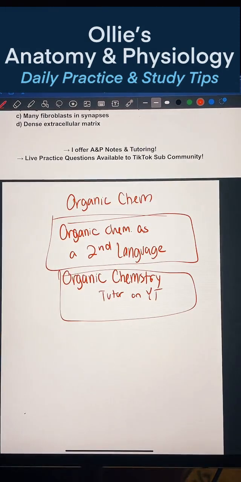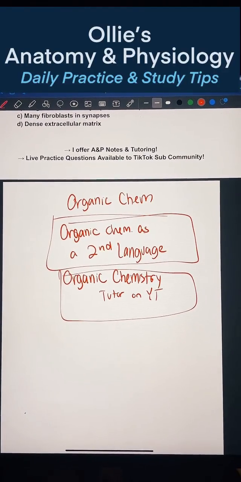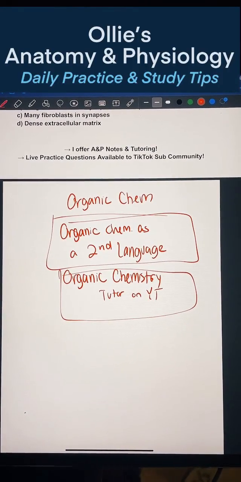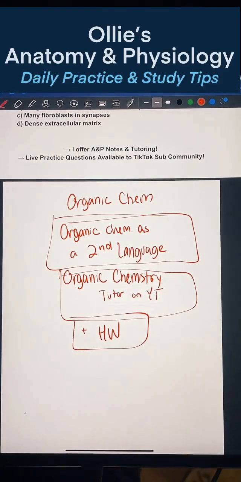These two things are what got me an A in organic chemistry. I can tell you that right now. Literally just those two things, and practicing whatever homework your professor gives you. That's all I ever did.